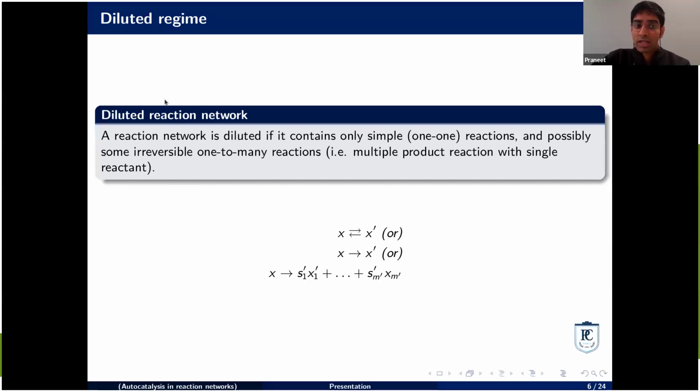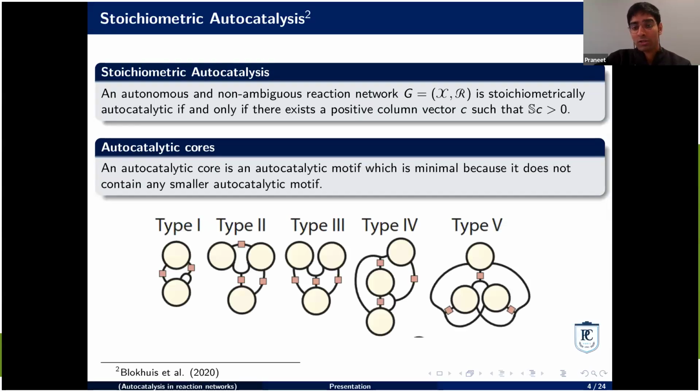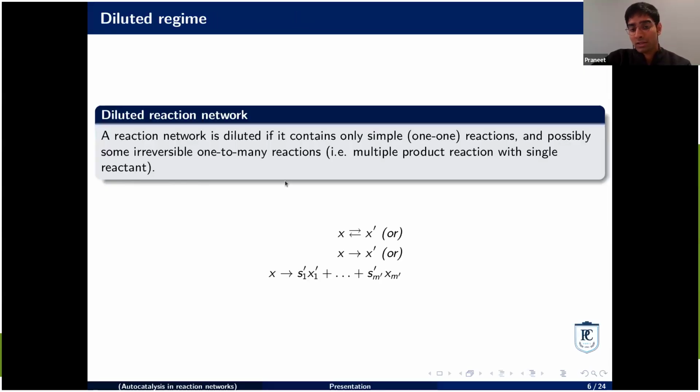And just by imposing this dilute regime, we get two differences from the formalism of the paper for stoichiometric autocatalysis. One of them is that there's a restriction on the stoichiometry of the species. All the reactions have only a single reactant, so the stoichiometry of the reactant is one. We cannot even have 2x giving x prime, because that breaks the rule of the diluted regime. While in the paper for stoichiometric autocatalysis, it was allowed to have higher stoichiometry.